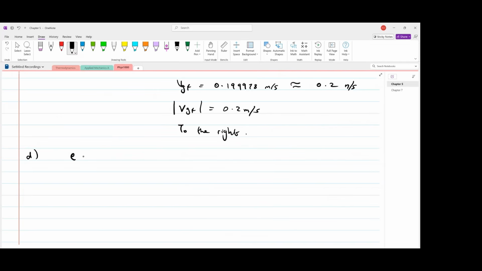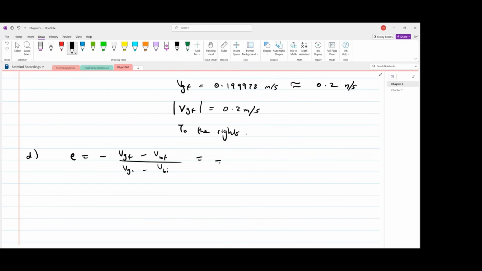So E is going to be negative Vg final minus Vb final divided by Vg initial minus Vb initial, okay? So now, oh, actually, it does still give us infinity. Okay, I'm going to explain why now.